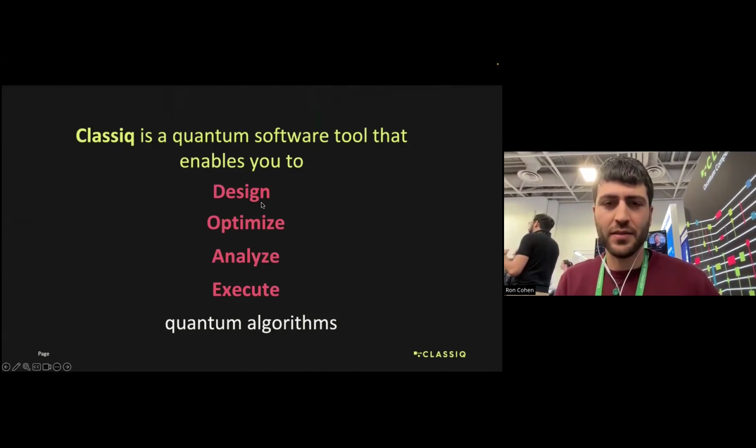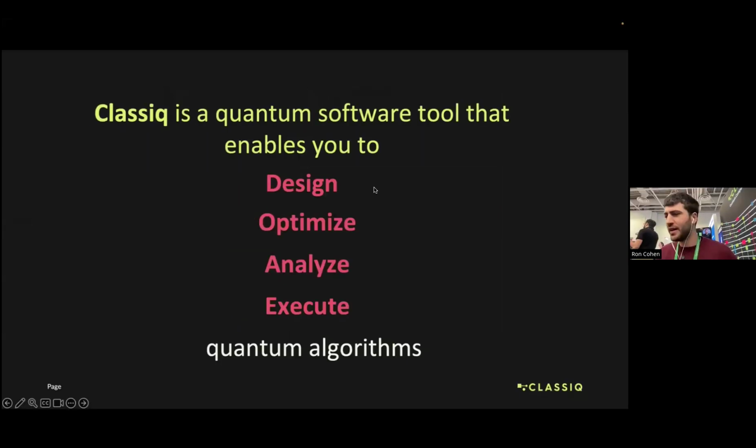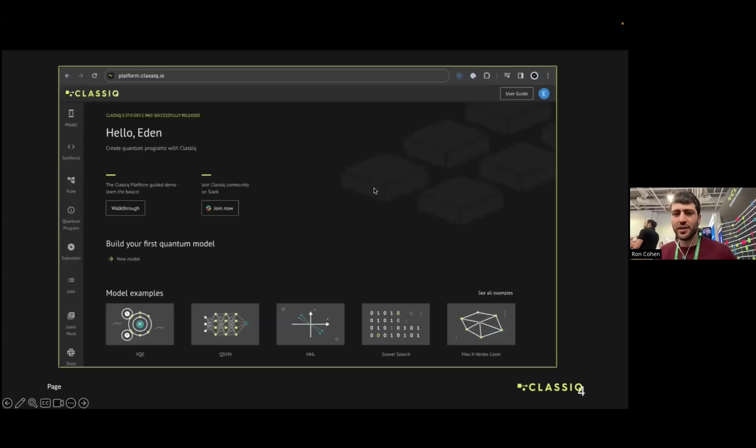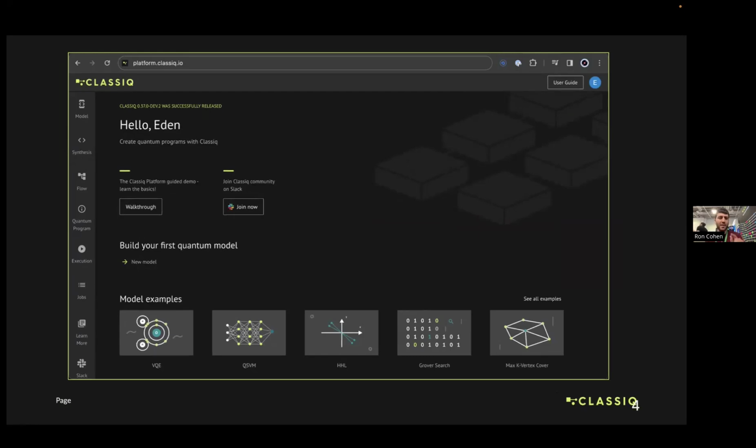Before I give you the introduction, motivation, and history, I just want to make sure you feel comfortable and that you are set up. Please everyone type platform.classiq.io, and over there I will be happy if you can sign up.